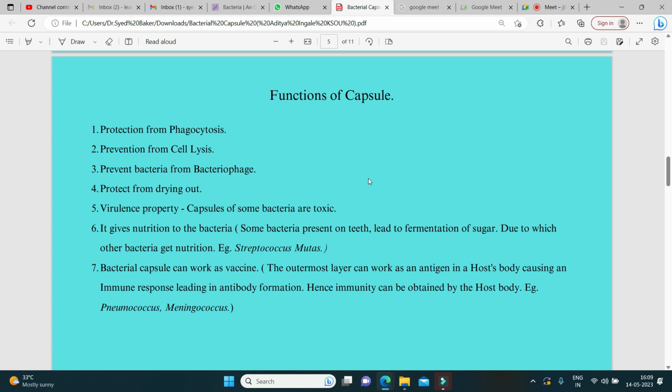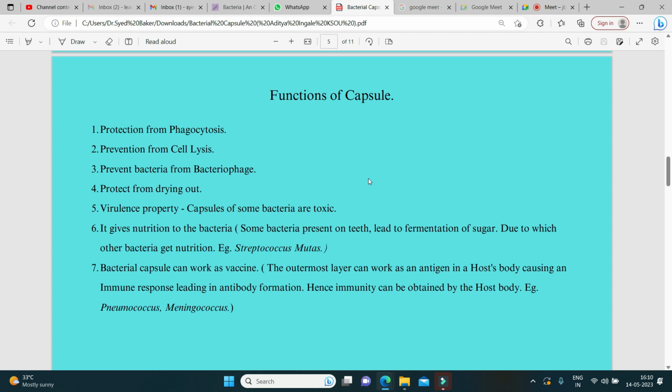There is a list of functions of the bacterial capsule, out of which the first is protection from phagocytosis. The bacterial capsule helps the bacterial cell get protection from phagocytosis. Phagocytosis is a process where phagocytes, white blood cells, engulf a bacterial cell or an antigen, a foreign material, surround it from all sides, destroy it and remove the dead particles.